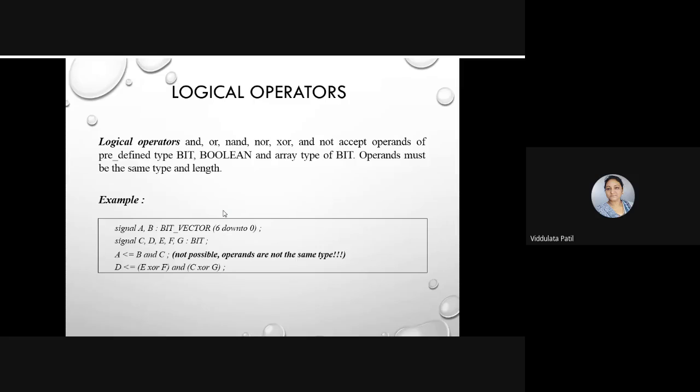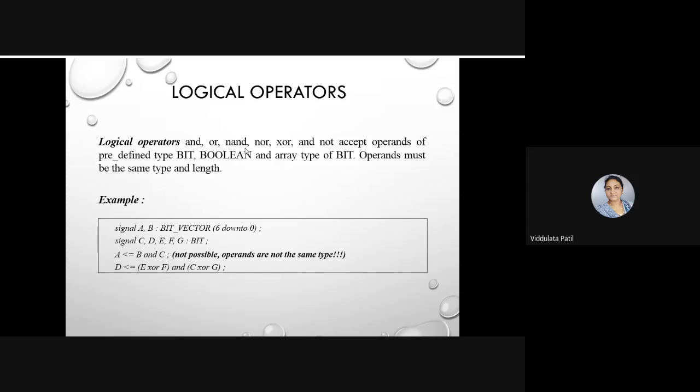Now remember that whenever we are using a NAND operator and a NOR operator, we have to use a bracket, that is parentheses, because these two operators are not associative.